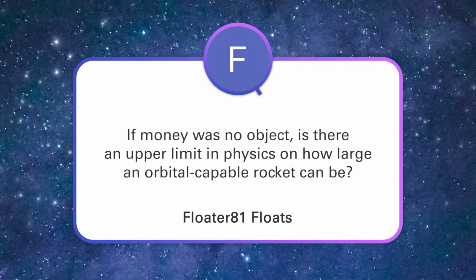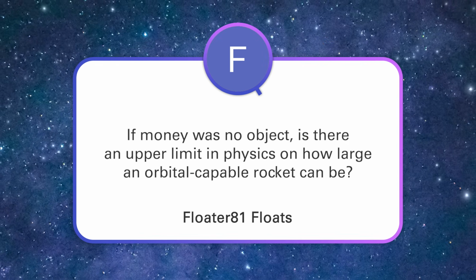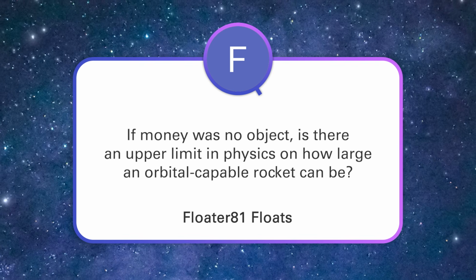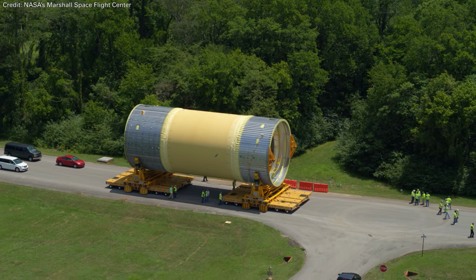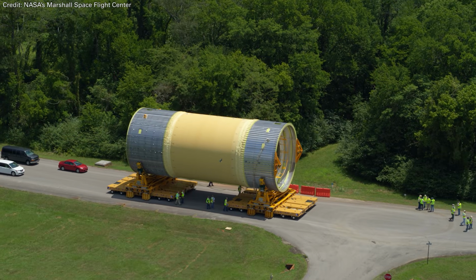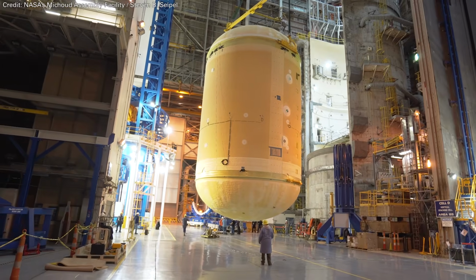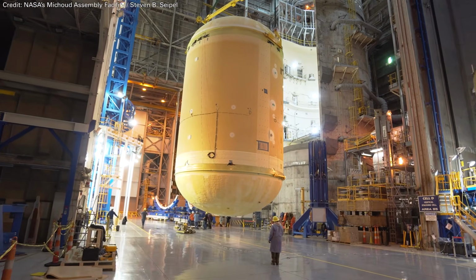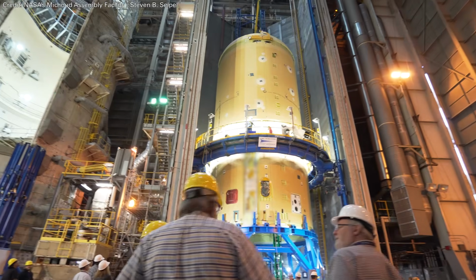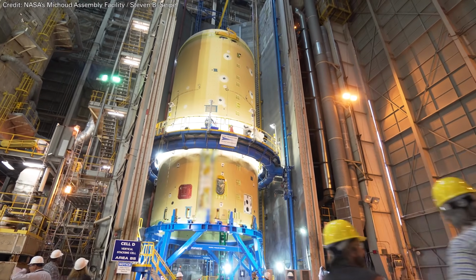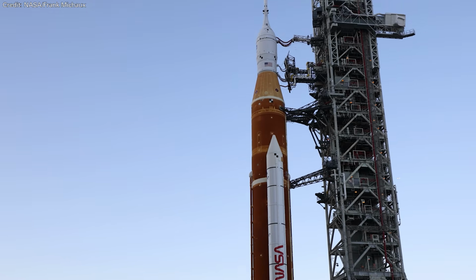Floater 81 floats: If money was no object, is there an upper limit in physics on how large an orbital-capable rocket can be? No. I mean, after a while you're wondering how big you can make a skyscraper. There's a point where the structural elements of your rocket are going to be so heavy that you really can't make a flight-worthy vehicle.